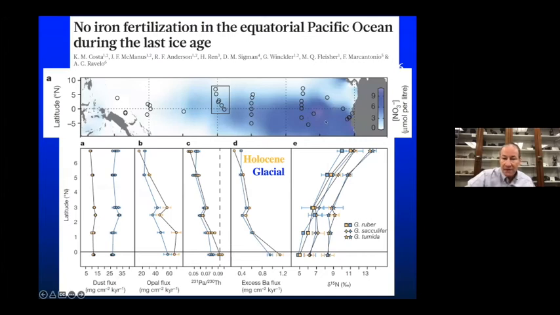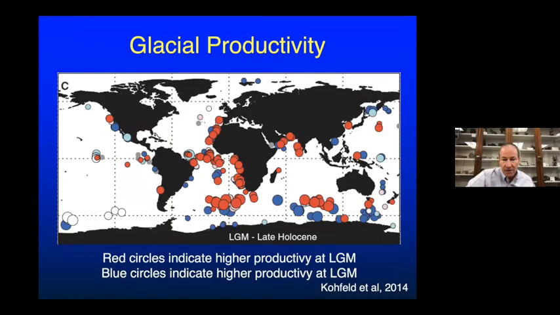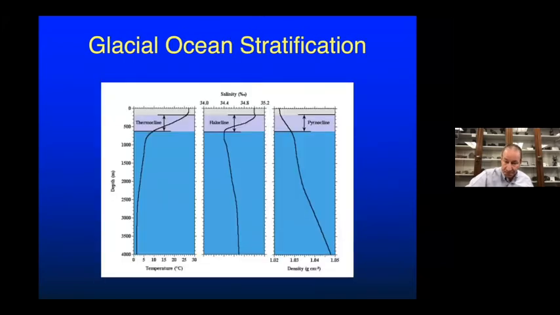Because there was not in the tropical Pacific nor in the high latitude Pacific, it doesn't appear that there was a global increase in productivity, but there might have been, in particular, in the Southern Ocean. If you see these blue circles, there is an important ring of productivity that might have had the potential to put more carbon into the deep ocean.